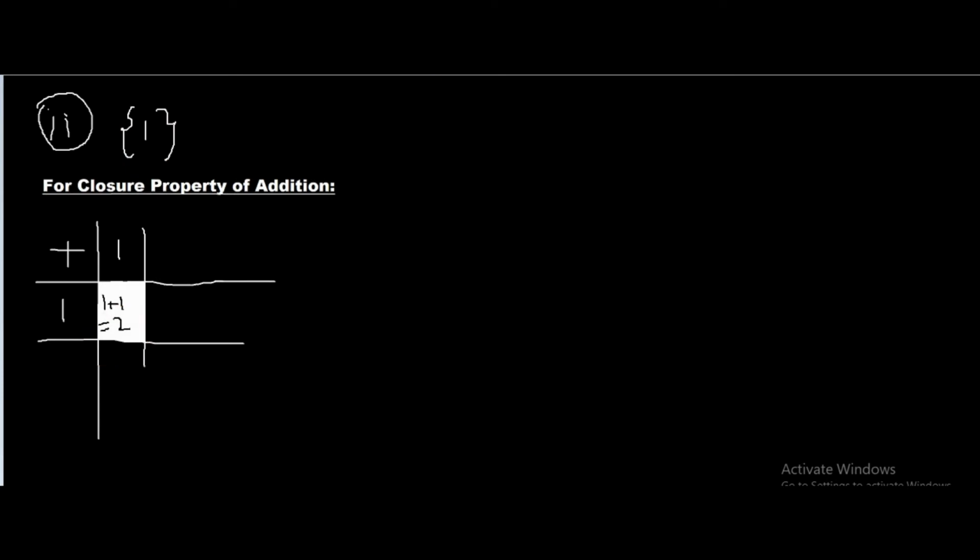So what you can write is that 2 does not belong to the given set. This is the sign of belonging, and if you want to write does not belong, you have to draw an oblique line across it. So this means 2 does not belong to the given set.